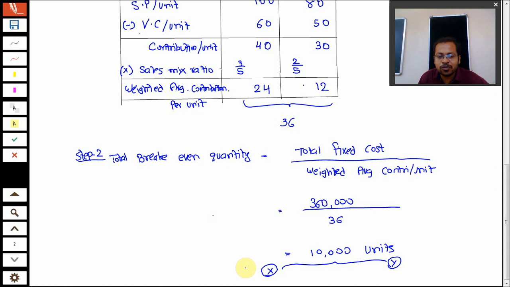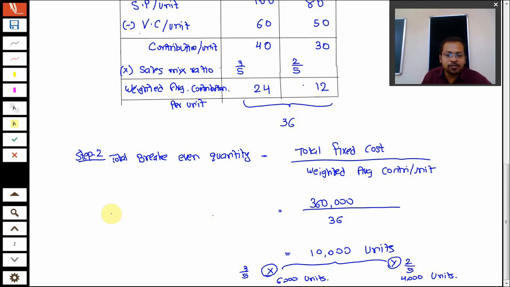So 3:2 means 3/5 and 2/5. So multiply this. So this will come to 6,000 units. Okay. And here it will be 4,000 units. So I feel that you are clear about step number 2.